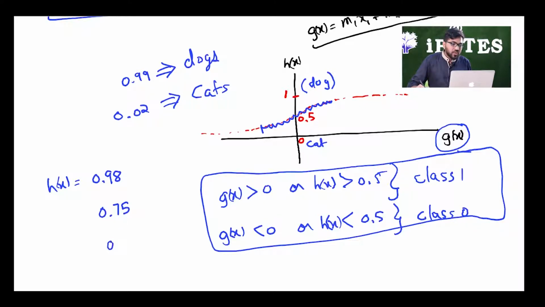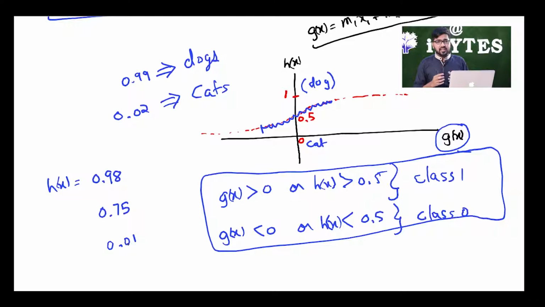If it gives me 0.01, it's saying that I am 1% confident that this is the image of a dog, or I can say I am 99% confident that this is the image of a cat.